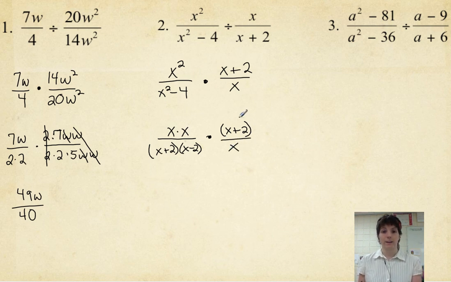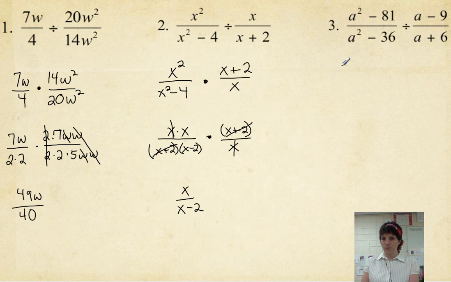Now we can do our simplifying, so that x over x becomes a 1, x plus 2 over x plus 2 becomes a 1, and my answer is simply x over x minus 2, and I'm finished.